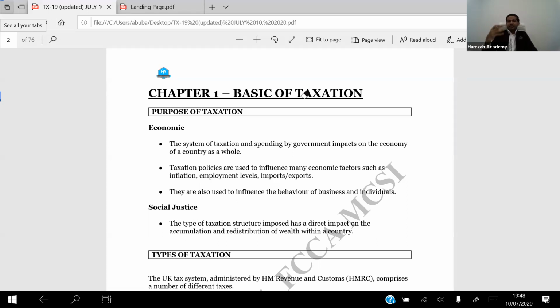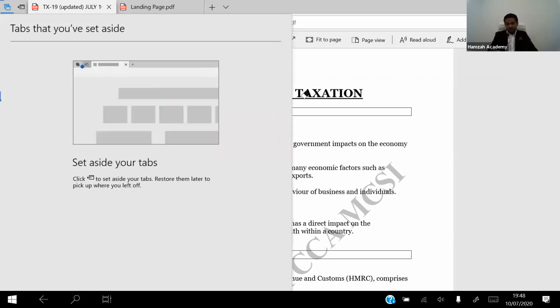So their aim is that they will be collecting that tax and investing into those areas. So that's the economical factor. When they invest in those areas, the economy will flourish and the country will actually grow. Spending by the government, as rightly mentioned here, will only come when you are able to collect money from the people.